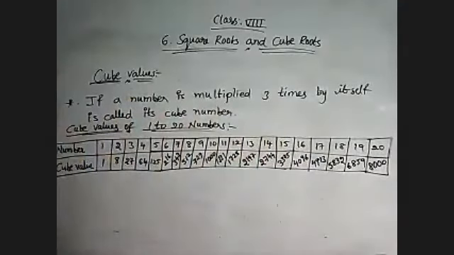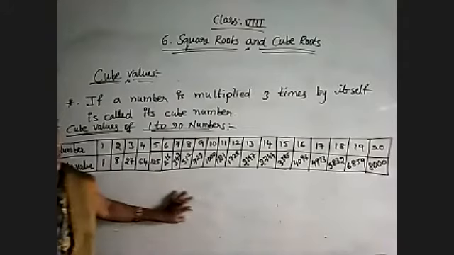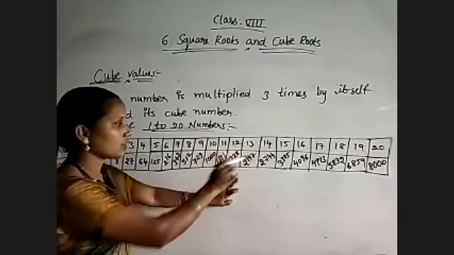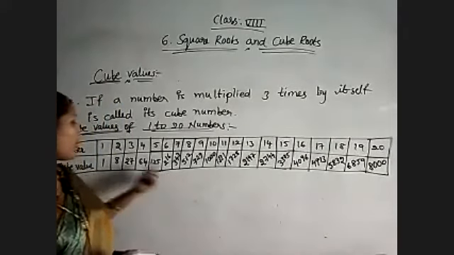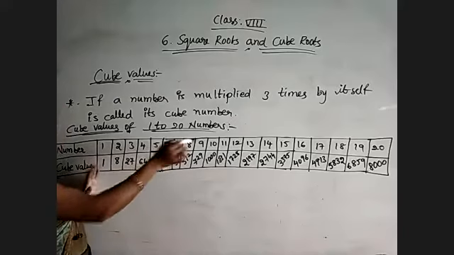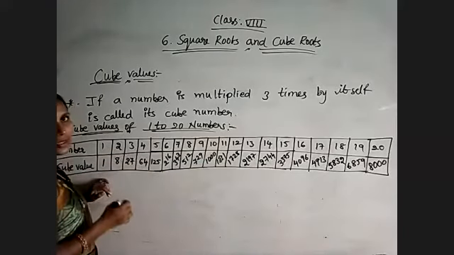So just listen to 1 to 20 numbers. If you are unable to learn 11 to 20, no problem, but at least the cube values of 1 to 10 numbers you have to learn. Okay, so these are the 1 to 20 numbers and their cube values I have given.